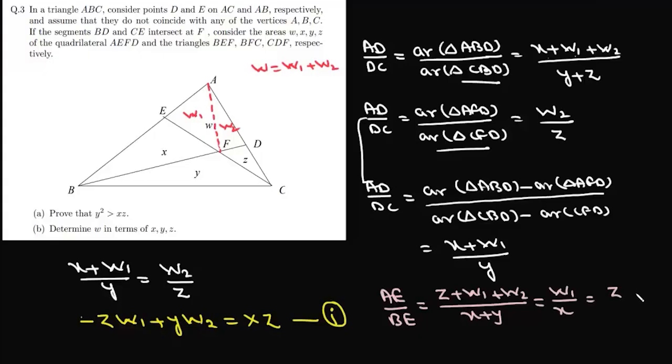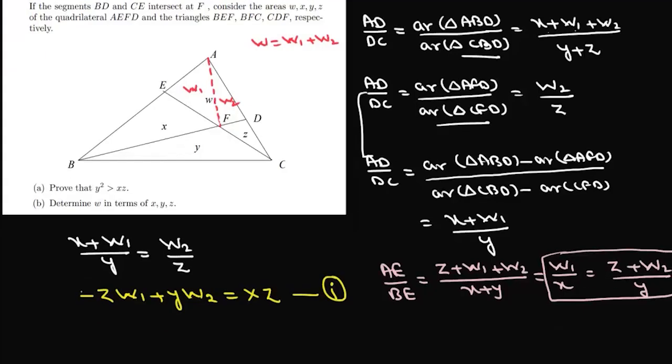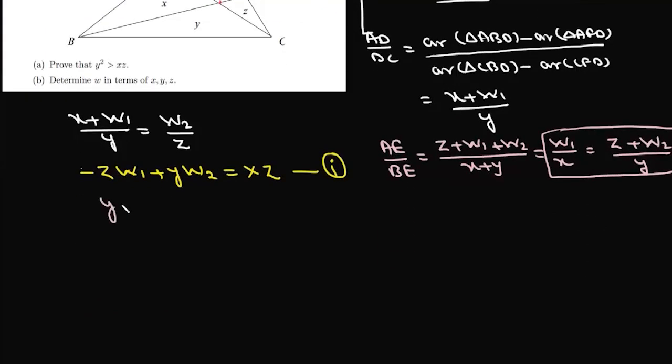So it is equal to (Z plus W2) upon Y. Now we are going to take these two and cross multiply them. So from here we can write YW1 minus XW2 is equal to XZ, and that's your second result.